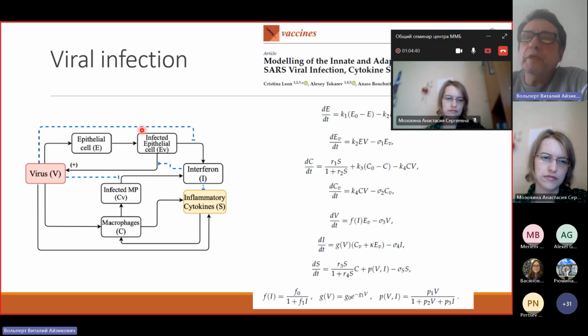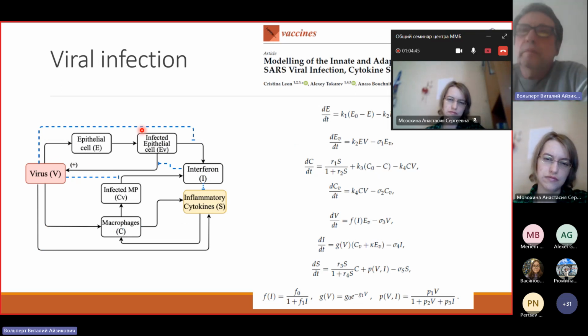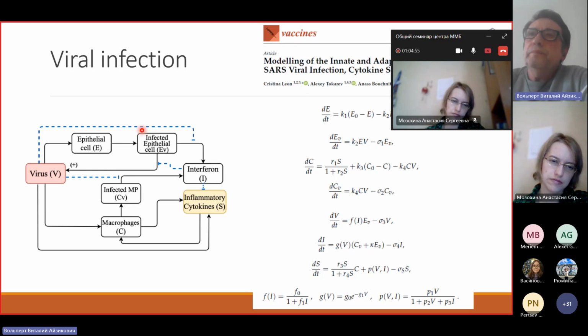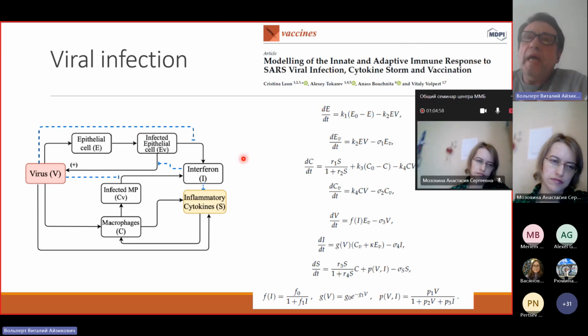Of course, viral infections, and we also studied in the last several years how viral infections provoke inflammation. This is very important. And again, it is at the same time a part of the innate immune response.